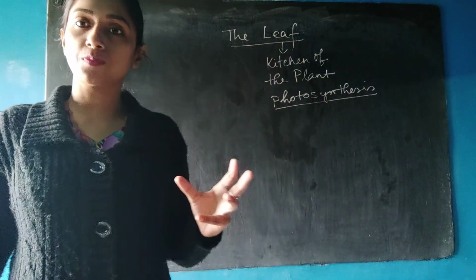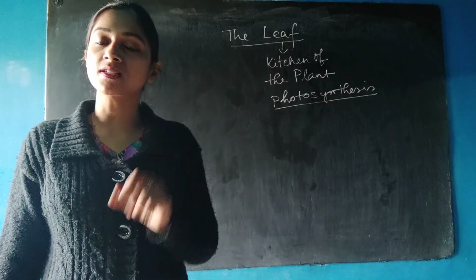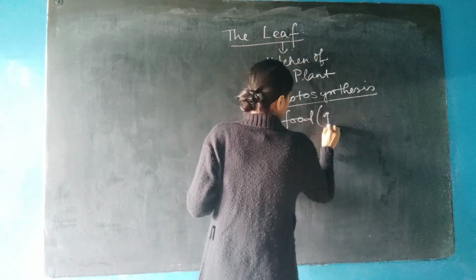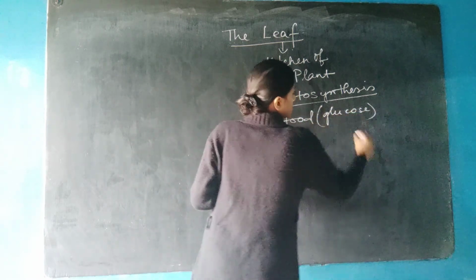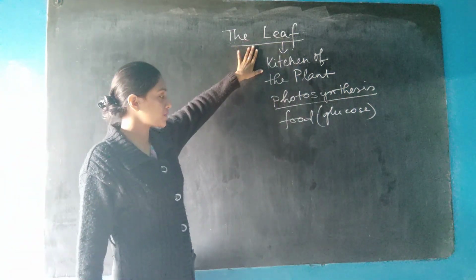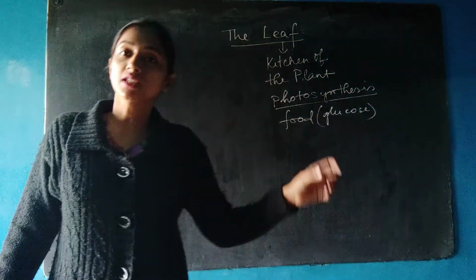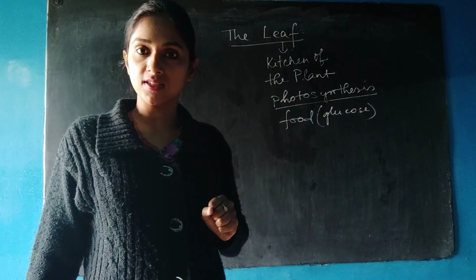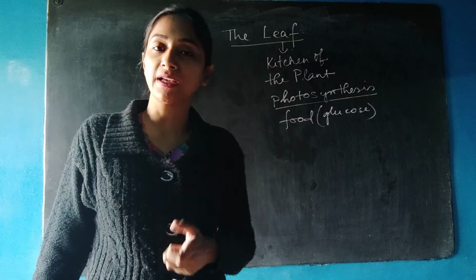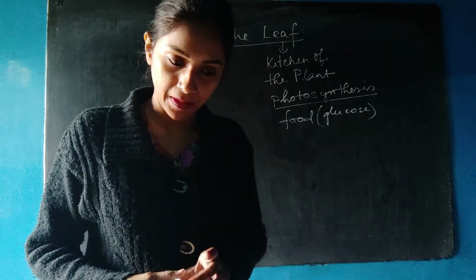Photosynthesis is the process by which plants, or to be very specific, the leaves of the plants make food. What food is it? The glucose. So the process by which the leaves of the plant prepare food or glucose for the plant is termed as photosynthesis, and that is why, as this photosynthesis or preparation of food is taking place in the leaves of the plant, it is termed as the kitchen of the plant.